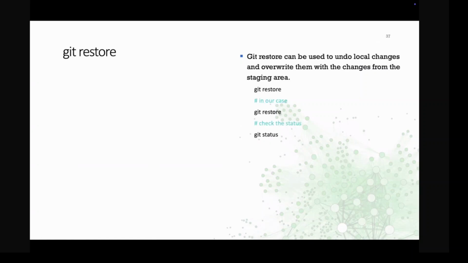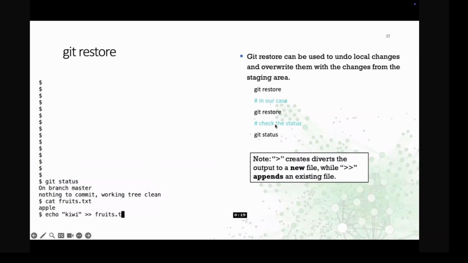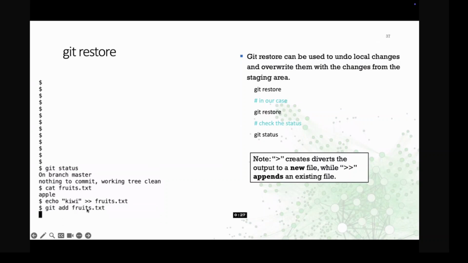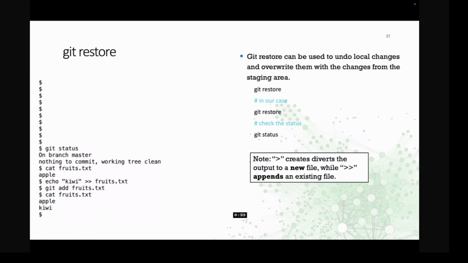So in our case, we take our fruits document, we add a kiwi to the fruits, using this double larger-than sign here. That means I'm adding a new line. I don't override it. So we have apple and kiwi in here.